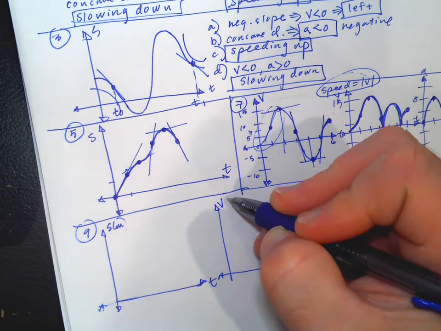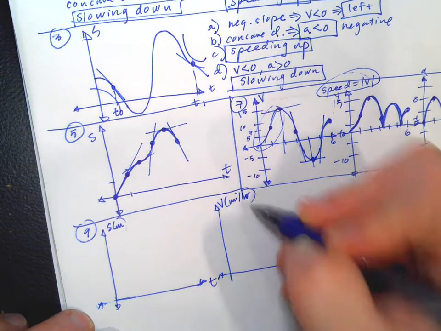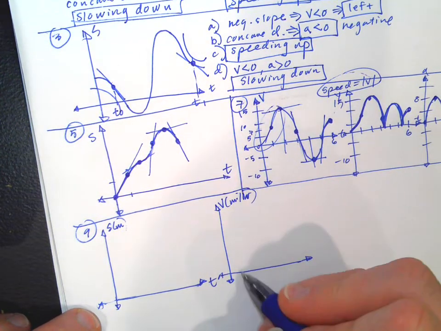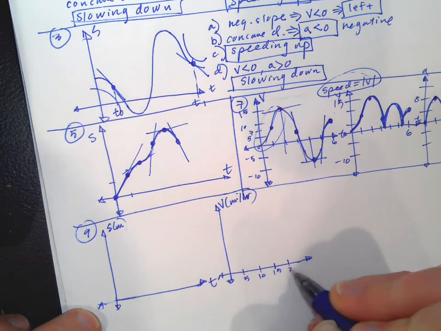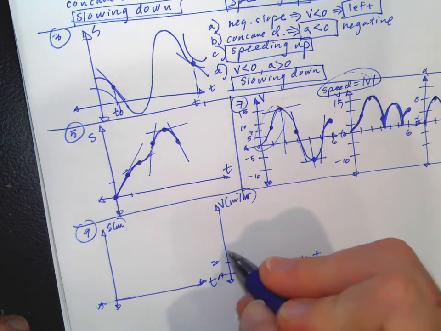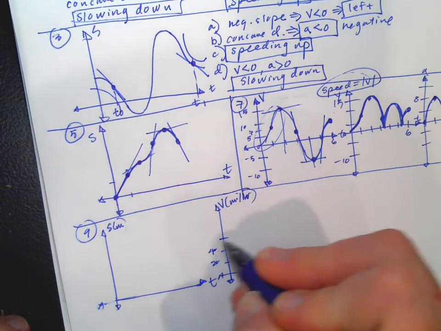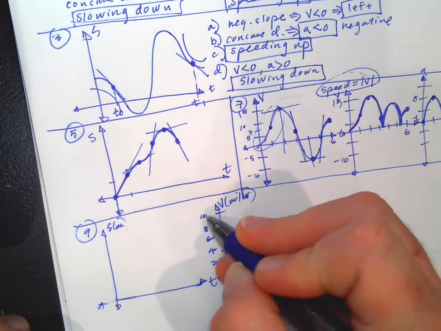So here's velocity, which is miles per hour. And 5, 10, 15, 20, 25. This is time. 20, 40, 60, 80, 100.